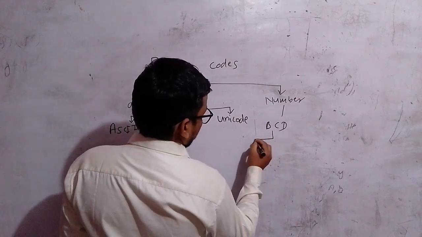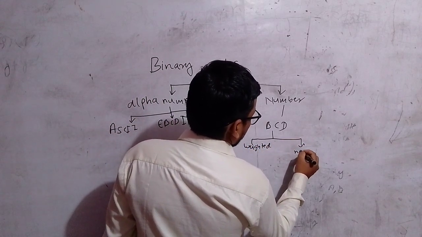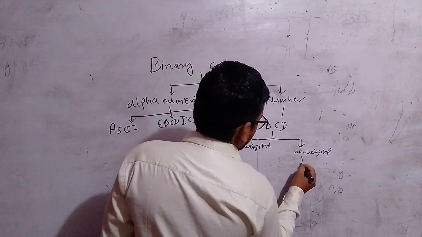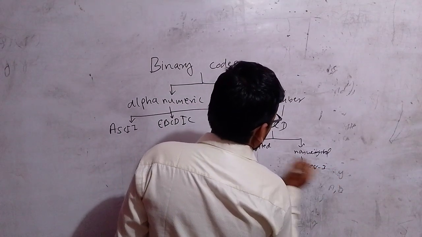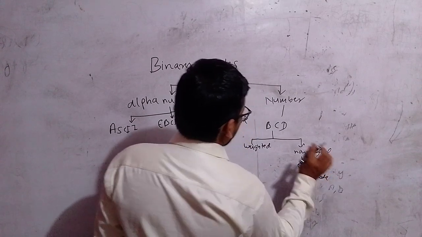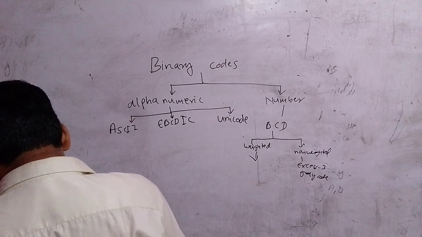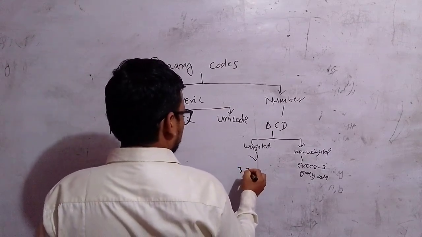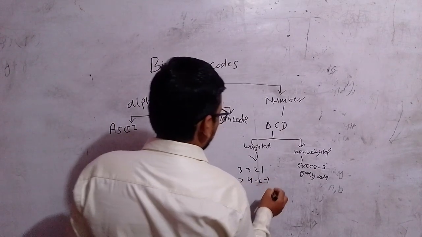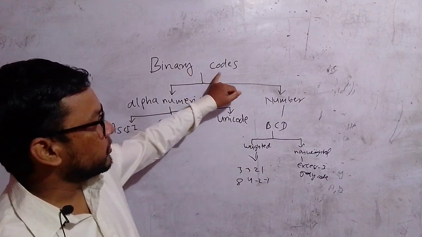Here there are weighted and non-weighted codes: XS3, gray code, etc. Weighted codes include 8 4 2 1, 2 4 2 1, 8 4 minus 2 minus 1, etc. These are the methods to get the binary codes.